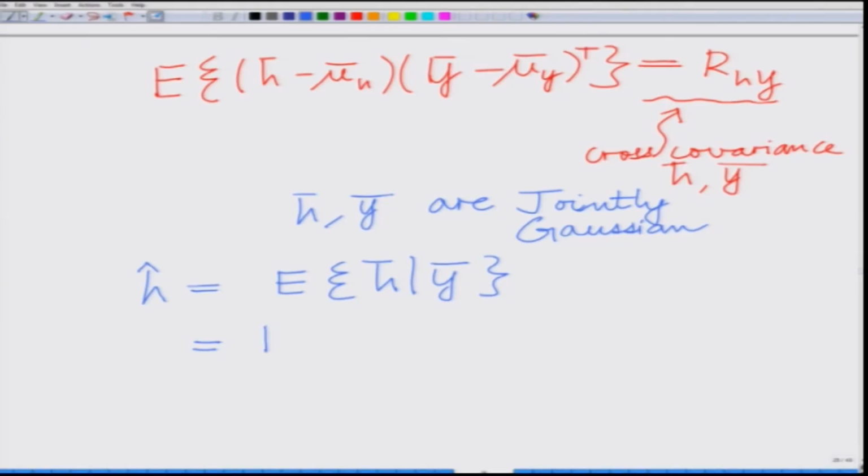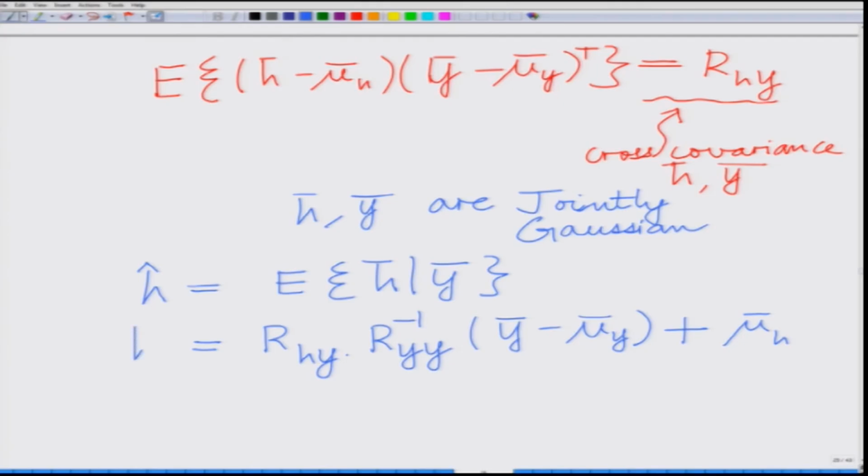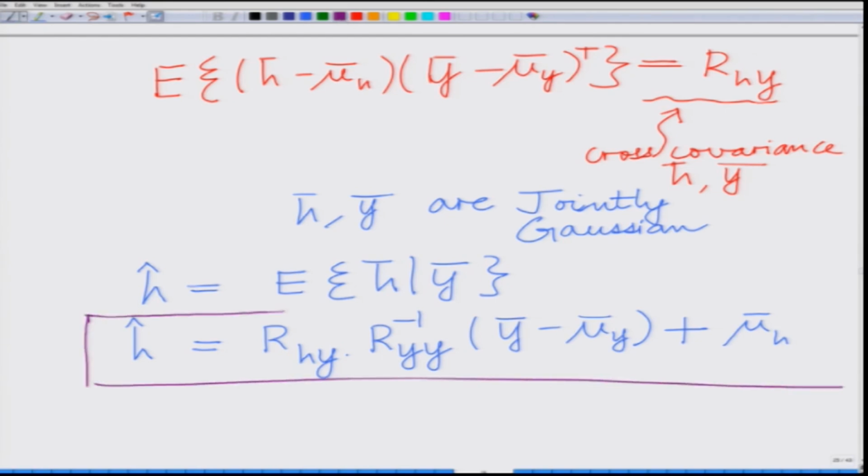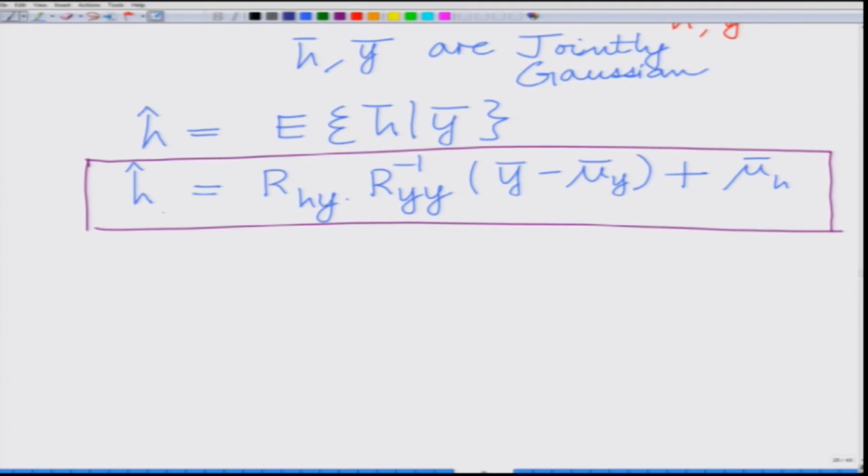So, now I have R h y R y y inverse times (y bar minus mu bar y) plus mu bar h, that is, add the mean. Instead of the variances and the covariance, I am using the cross covariance matrix, and R y y is the covariance matrix of y. This is another important aspect, and of course, the most general.